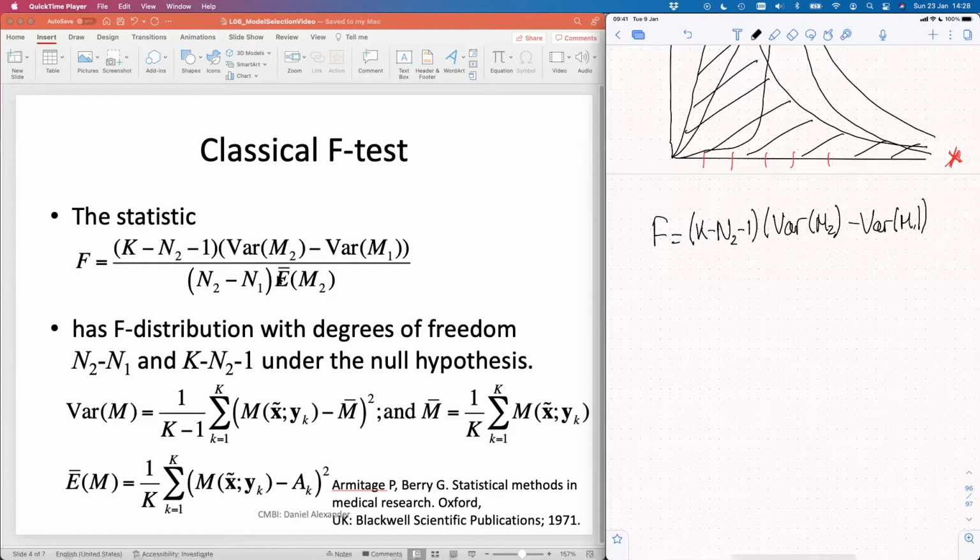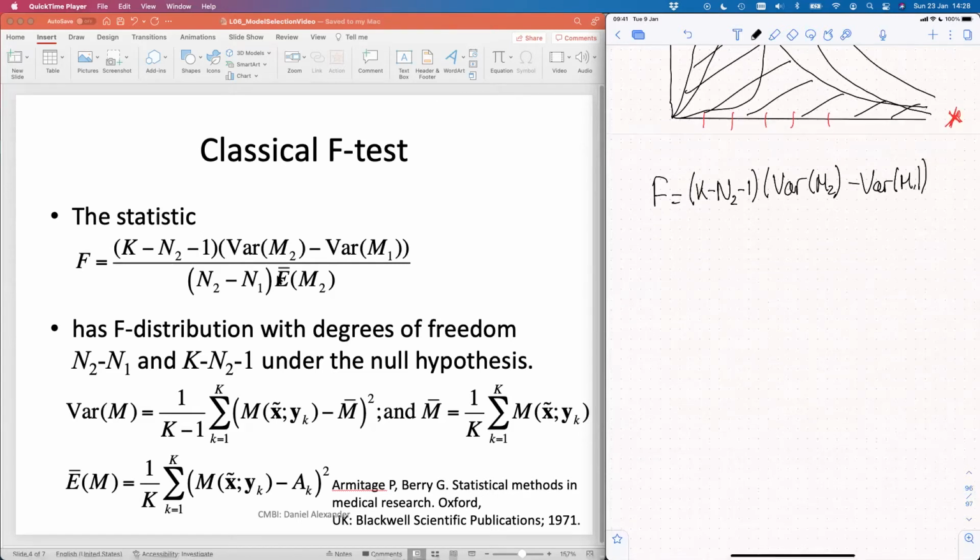Var here is the variance of the model itself, so I'm going to define it further down here. Var of M is 1 over k minus 1 times the sum of squared deviations. It's the variance of the predicted measurements from the model at the same values of the independent variables at which the measurements were made.